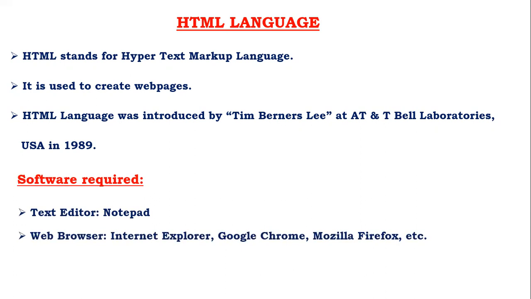For the text editor, by default, we may have the Notepad application in our system, and we may have one of the web browsers in our computer, that is Internet Explorer, Mozilla Firefox, Google Chrome or Microsoft Edge browser. So for creating web pages, we require one of the text editors, that is Notepad or WordPad, and we require one web browser.